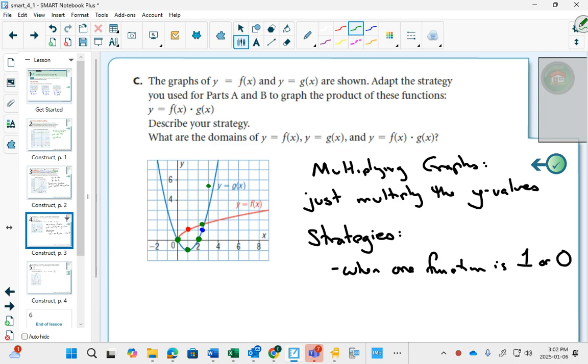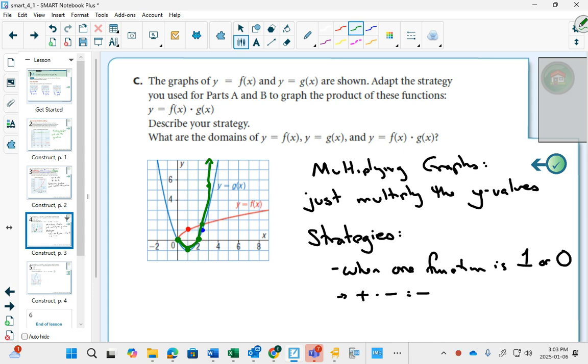You could use strategies also of, does it make sense that if you had a positive number times a negative number, you're going to get a negative number? So this part of my graph should be underneath because the red is above and the blue is below. It looks like this is what's going to happen to our graph.